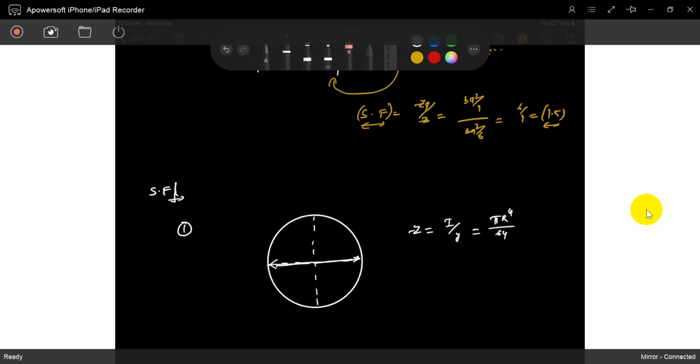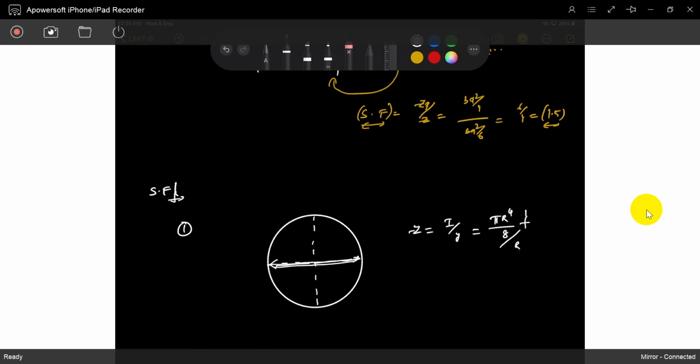I think 16. What is I exactly? I think it's not 16 either. It's the polar axis, so I think it's 8. Okay, so that is the I.